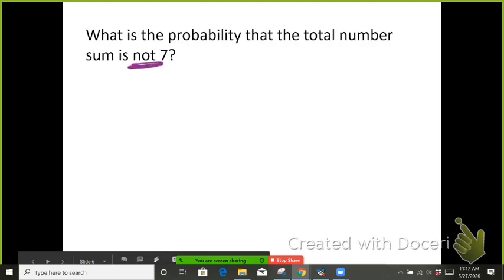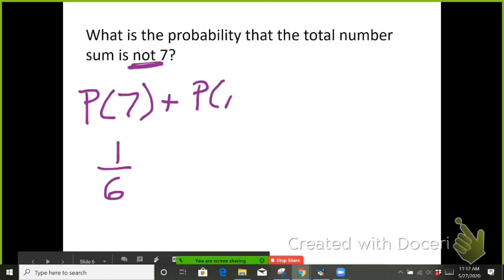Whenever you see not or at least, sometimes it's easier to find the opposite of that. So if we're trying to find the probability of not rolling a 7, you could find the probability of rolling a 7, which is 1/6, and use the idea that the probability of rolling a 7 plus the probability of not rolling a 7 is 100%.